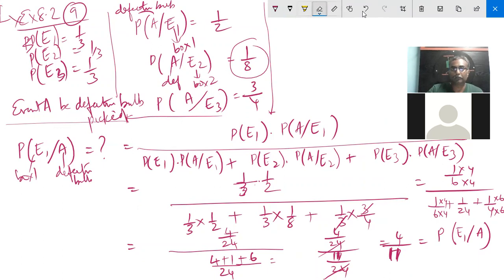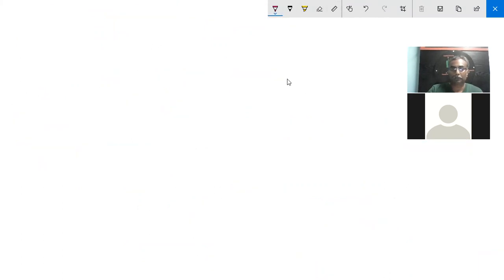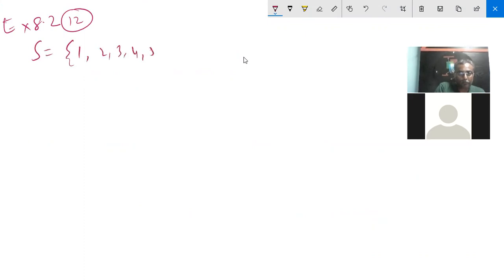Let's do the 12th problem. Sample set is equal to 1, 2, 3, 4, 5, 6, 7, 8, 9, 10. Okay, one card is drawn randomly. It is known that the number on the drawn card is more than 4.